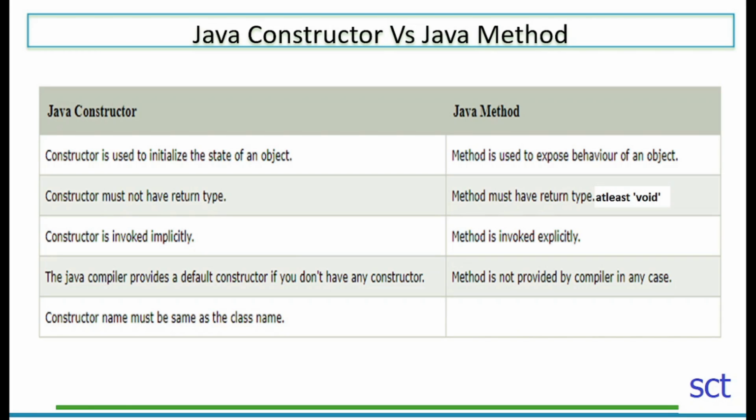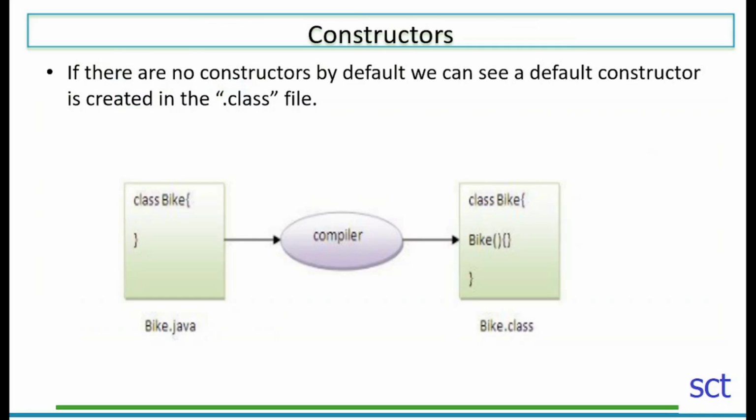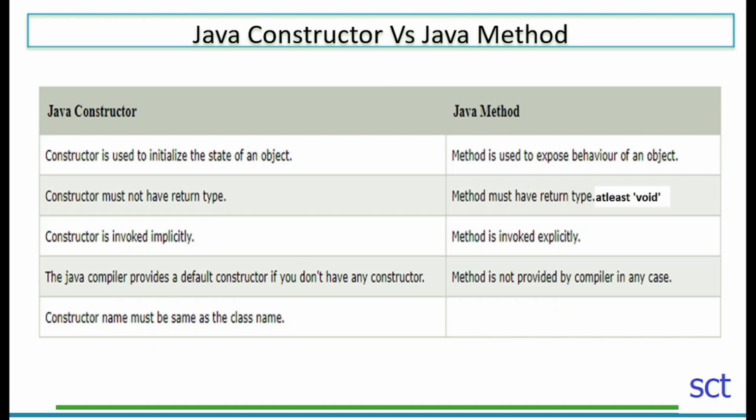These are the basic understanding we got of the constructor and the difference between the constructor and the Java method. And when you have any class without any constructor, by default it will have one constructor itself. If you don't have any constructor, it will initialize the values of the variables you have declared.